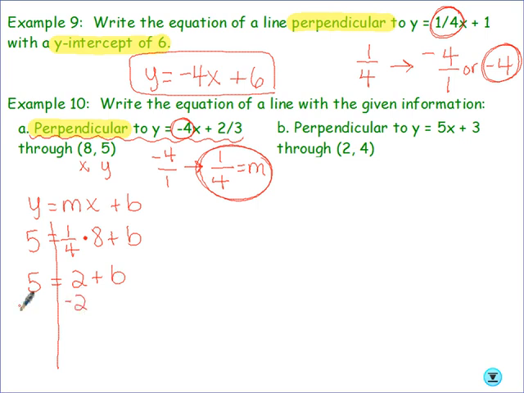Subtract 2 from both sides. 5 minus 2 is 3 for b. We are now going to plug m and b here and here. Final answer, y equals 1 over 4x, and b is positive 3.